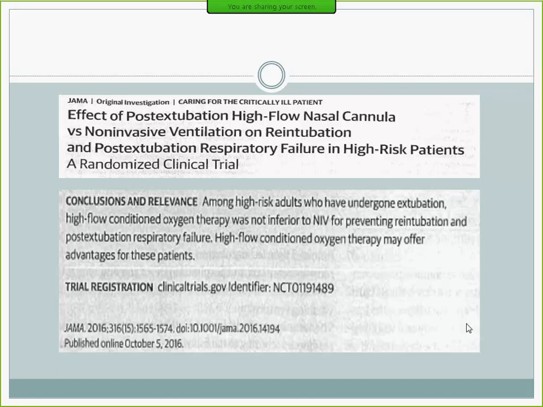Some select group of patients, if you extubate them and they fail, you could use this mode to help them get over that immediate period post-extubation. And this has been studied in post-surgical patients, and respiratory failure post-surgery is a little bit different than what we encounter in the medical ICU. And this has been shown to be very effective in surgical patients who fail extubation. Okay.